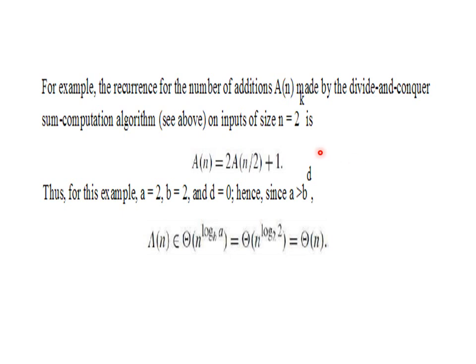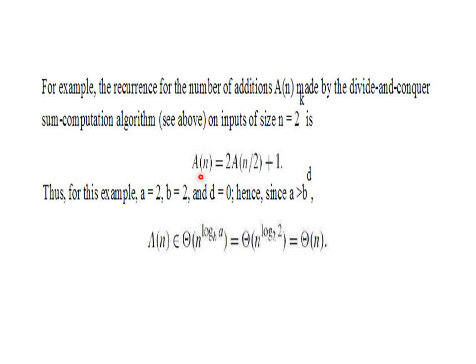Assume that there are 8 items in the list. Divide the list into 2 parts, 4 items each, and find the sum of the first 4 items and the sum of the second 4 items. Then add them. That is the answer for the problem under consideration, the sum of all the elements in the list. This is the recurrence relation of this sum computation algorithm.